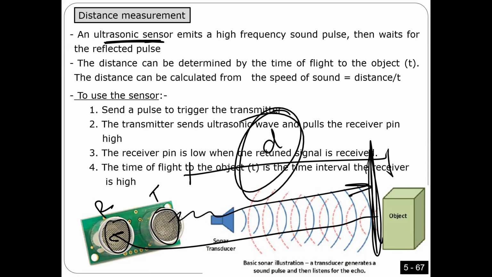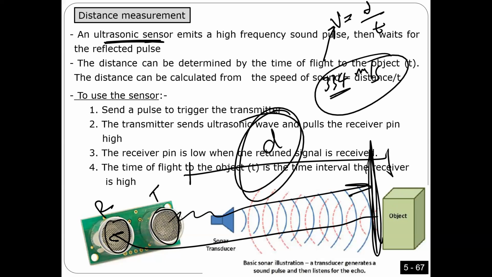As you know, there is a relation between velocity, distance and time. Velocity equals distance divided by time. I know the velocity, because this is the velocity of sound, which is a known value. I think it's 334 meters per second; I'm not quite sure, you can check.